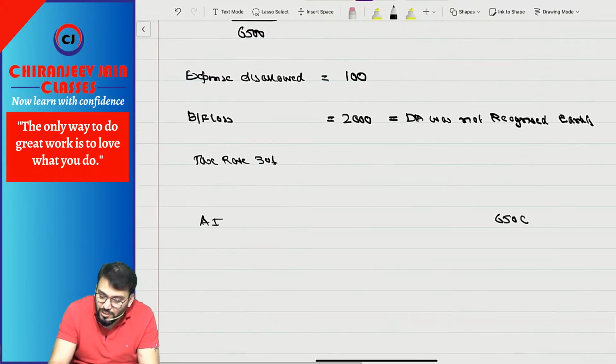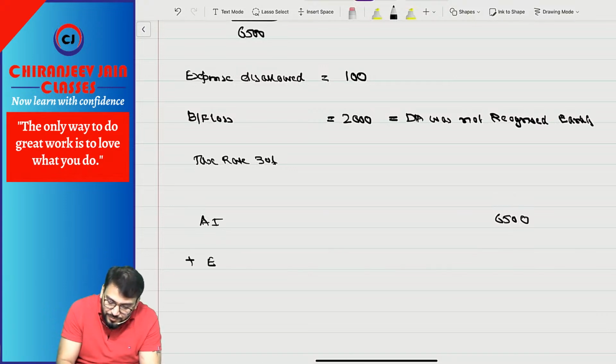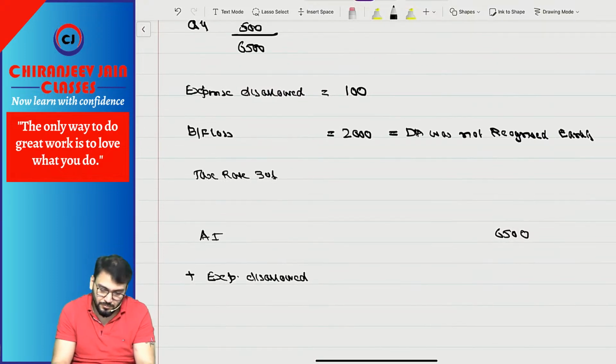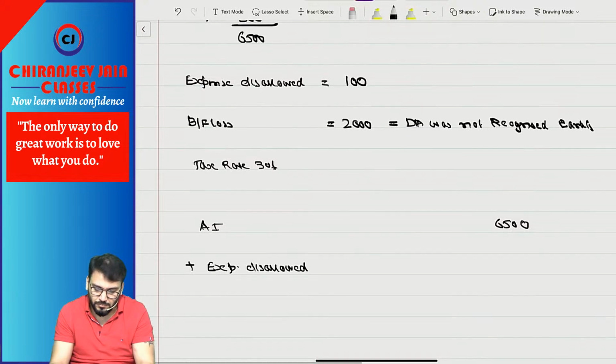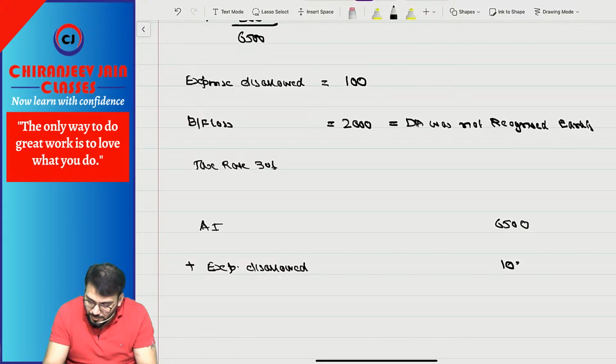6500. So first we need to find out current tax and deferred tax. We will add back the expense disallowed, 100.